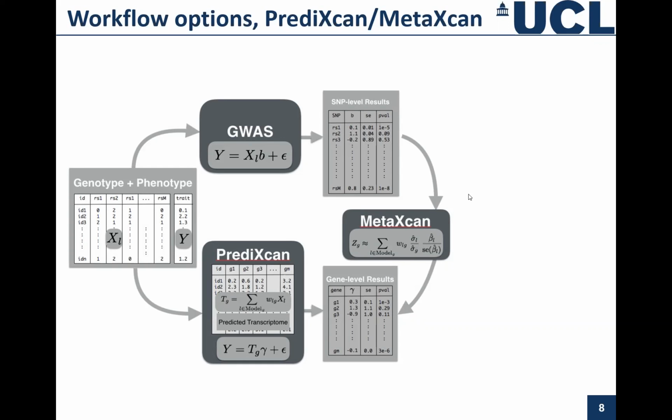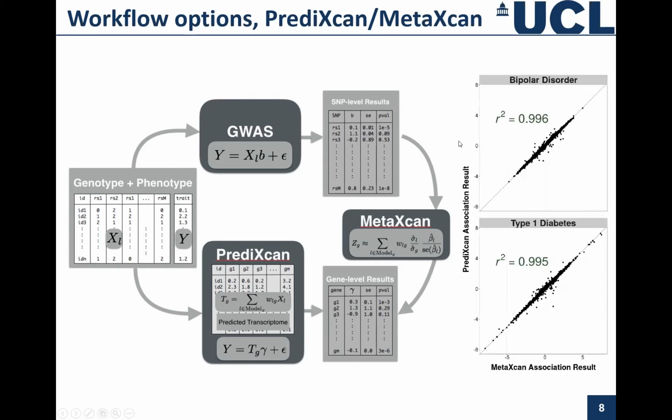And then, of course, they show that both methods produce the same results with almost perfect correlation. You can see here the association results using summary statistics plotted against the association results using individual level data.